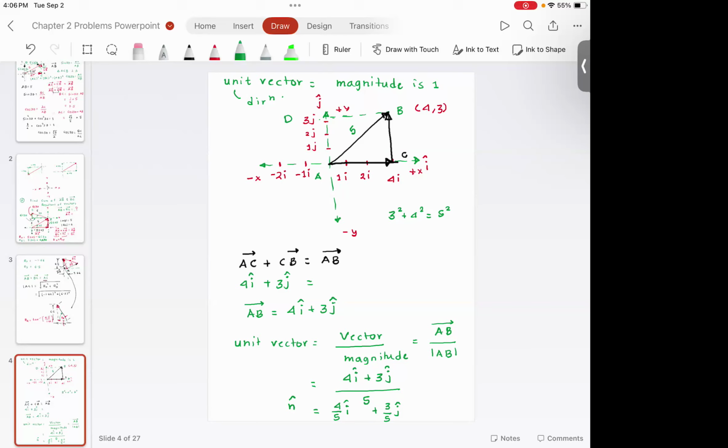So this is called the direction cosine. This is also called theta x, and we'll talk about this in a lot more detail in the next class. But what I want you to understand is, 5 n hat is equal to AB.